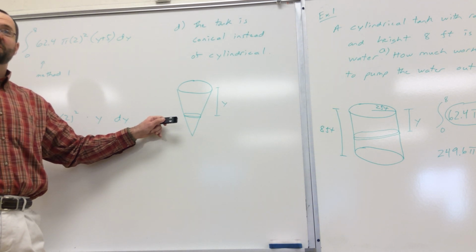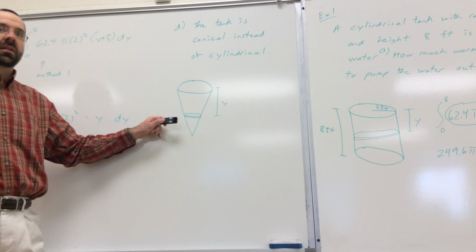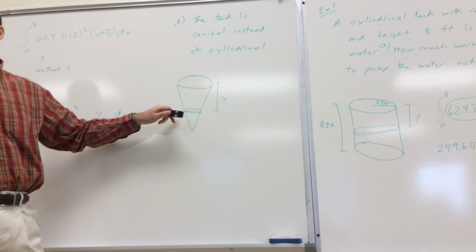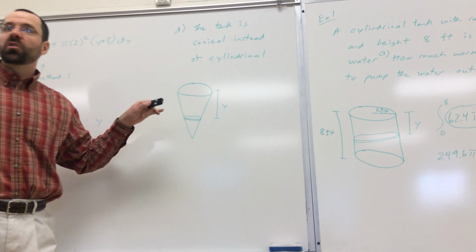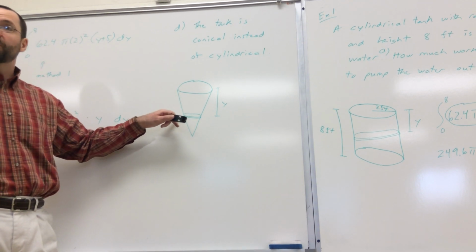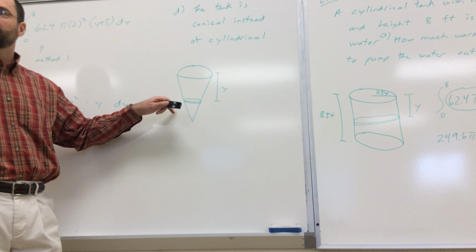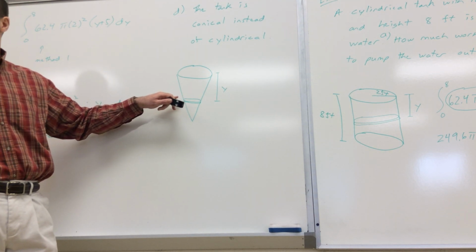But that's going to be just fine when we go infinitely thin, right? A lot of times people think, hey, in A, B, and C, the tank was a cylinder, and so the shape of the water was a cylinder. So that means on this one, the shape of the water is going to be a cone. But you see why the shape of the water at that depth is still cylindrical?